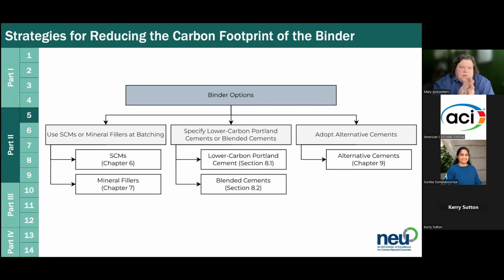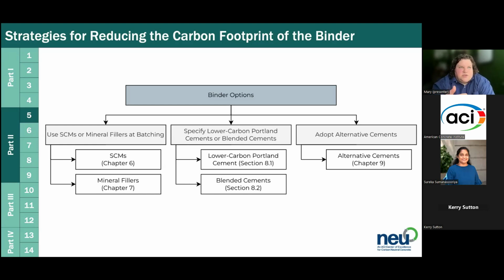The second option is one that we actually don't have as much control over as you might think. It considers that at the cement plant, the folks that are running those cement plants have levers they can pull to reduce the carbon emissions during production of typical Portland cement concrete. And we'll go through that in a moment.